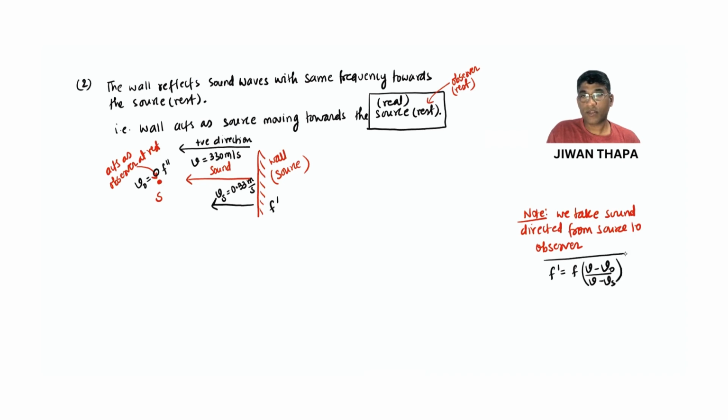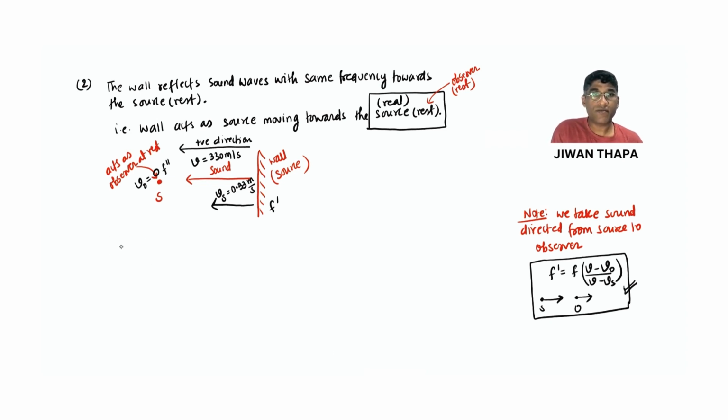We have this formula, and this is for source moving towards observer and observer moving away from the source. Now we are going to generalize this expression in this problem.